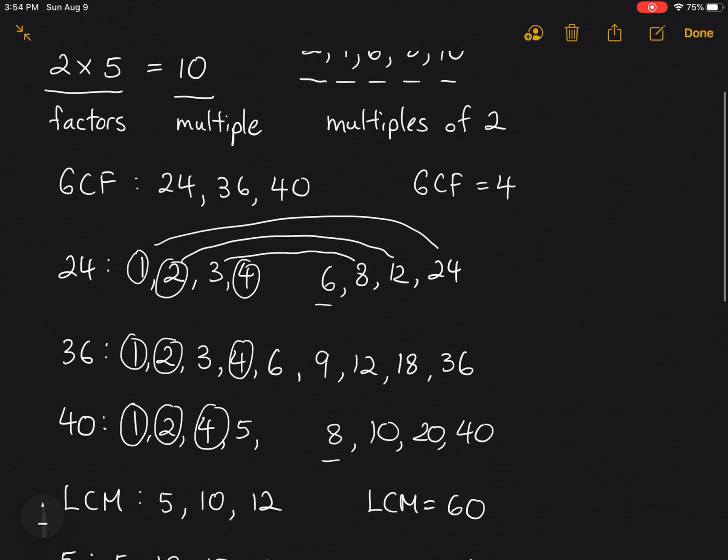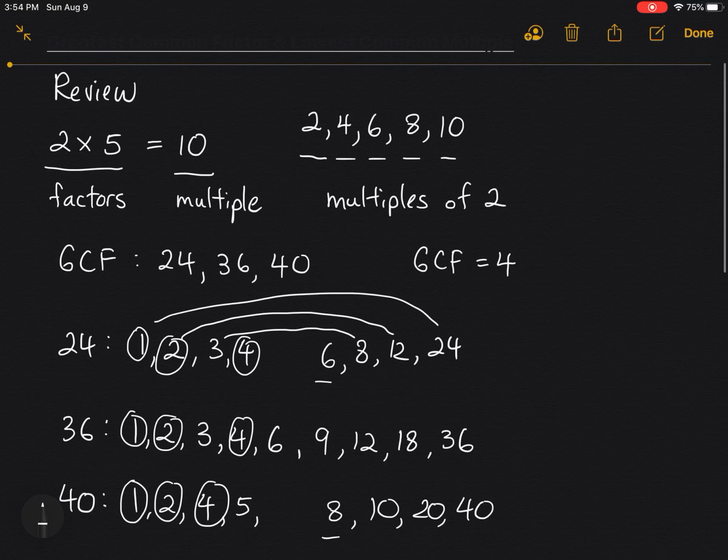Likewise, with factors, you can't have a lowest common factor because all numbers will have the lowest common factor of 1. So it's a number that we can't use. There's no point in finding the lowest common factor. That's why we only ever find the greatest common factor and the lowest common multiple.